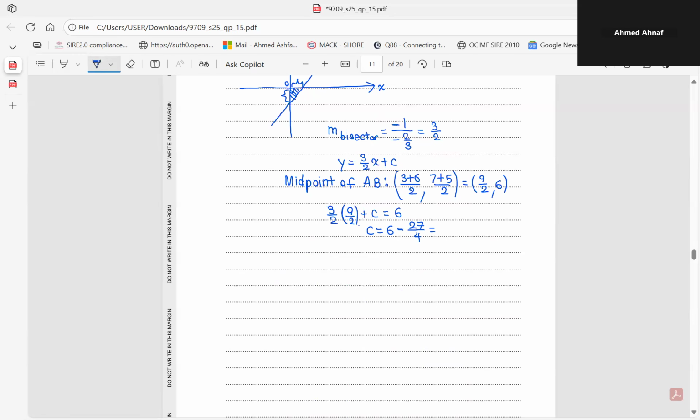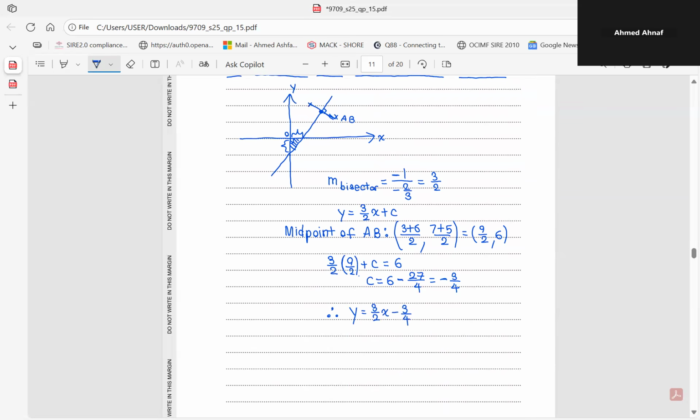So 6 minus 27/4 is -3/4. So hence this is the equation of our perpendicular bisector, y equals to 3 over 2x minus 3 over 4.